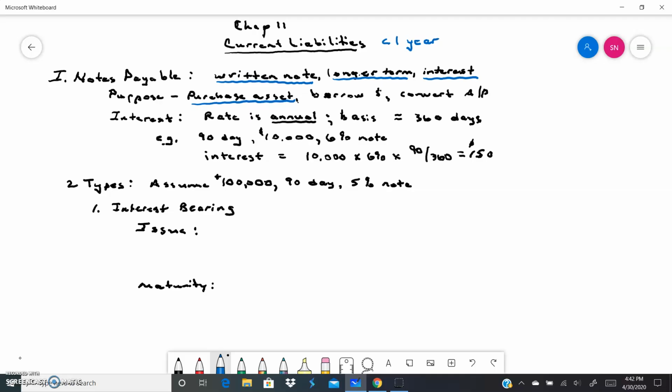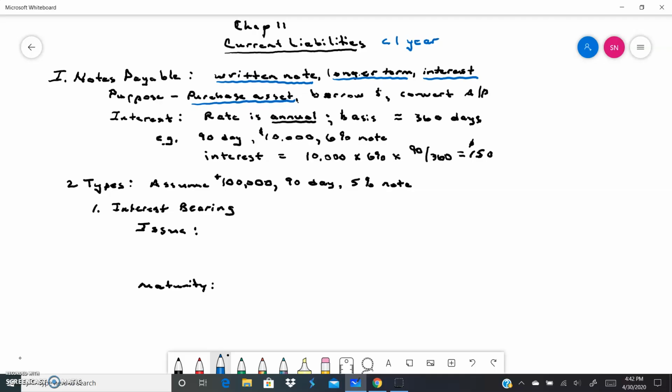An auto loan would be an example of a note payable, although that would typically run more than a year. It is a type of note where you are agreeing to repay a loan in writing. It has a lot of other terms, but it also has a specific interest amount that's due. It specifies the payments and has some other provisions in it, but it is in written form, a more formalized agreement.